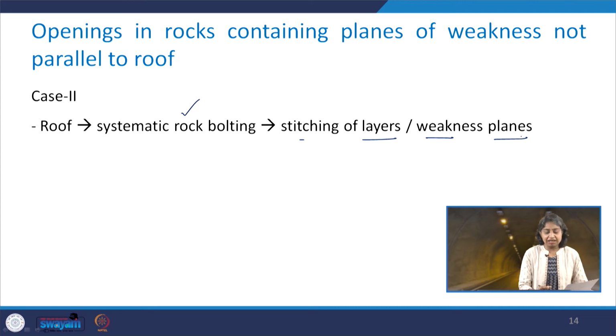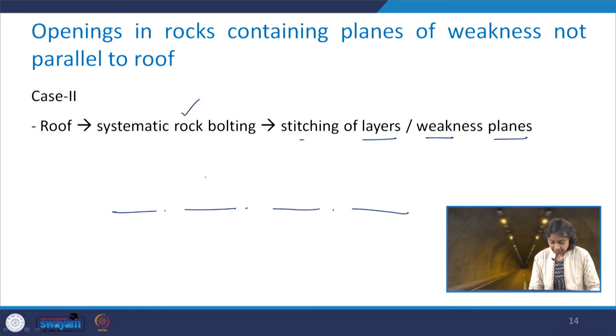So, let us take a look at how this situation will look. If you take the longitudinal section of an excavation, it will look like this. That is the center line, and here is the roof portion, and this will be the floor portion.